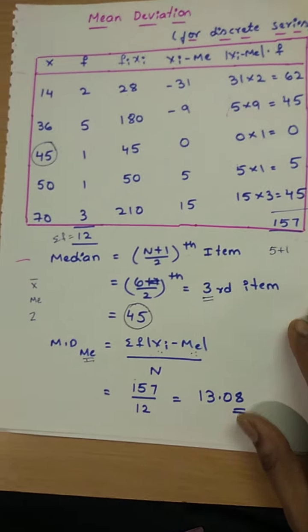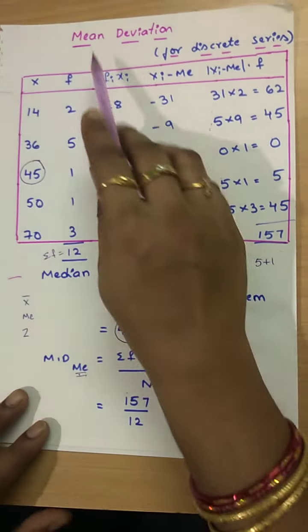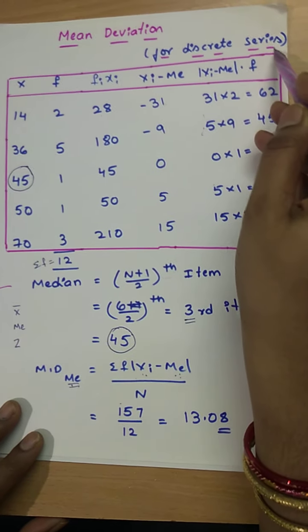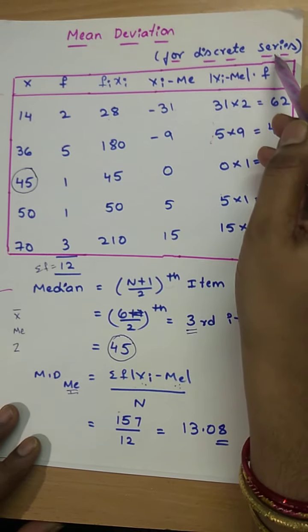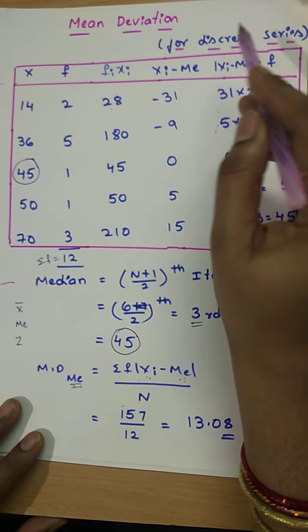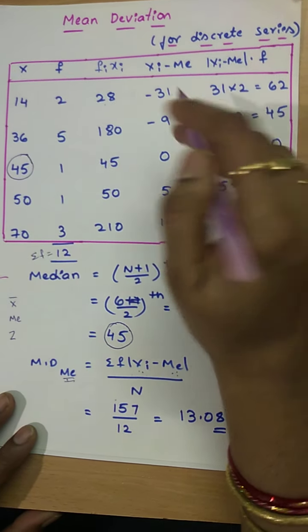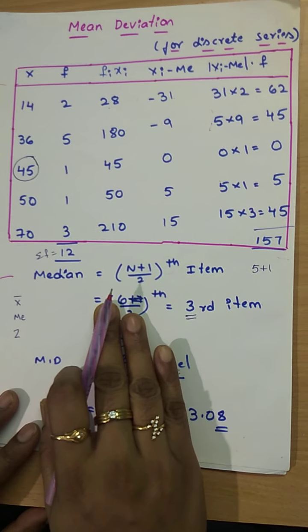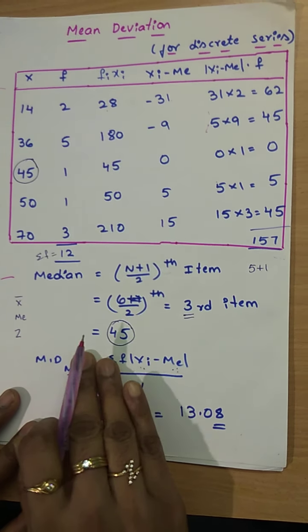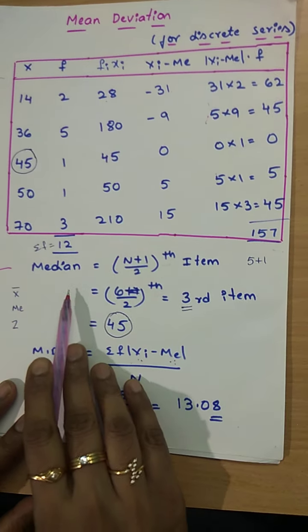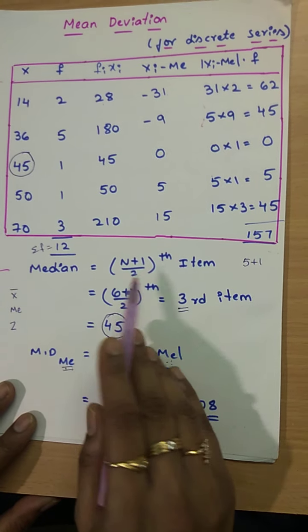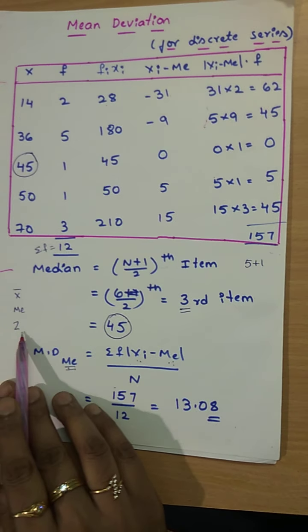Finding the mean deviation in the case of discrete series. For this we can use mean or median or mode. In this example I am finding the mean deviation about median. I am using the median formula to find the mean deviation. We can use mean or mode also.